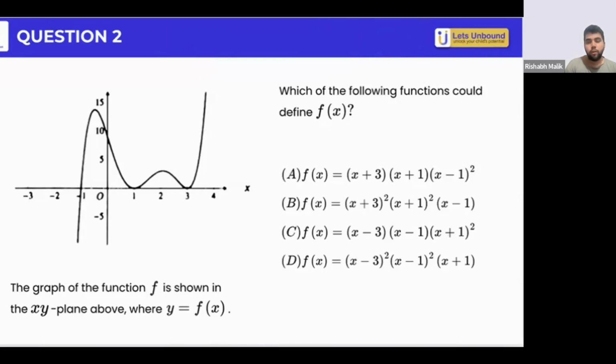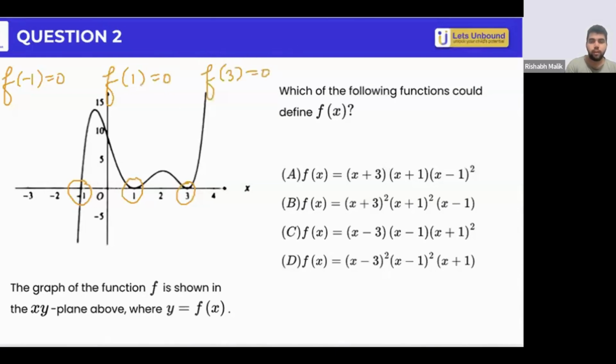Okay. Now how to use that here? I can see that the function is becoming 0 at -1, at 1, and at 3. So I can say f of -1 equals 0, f of 1 equals 0, and f of 3 equals 0.